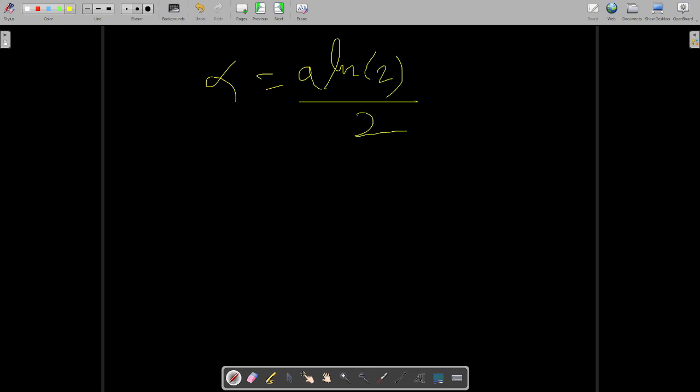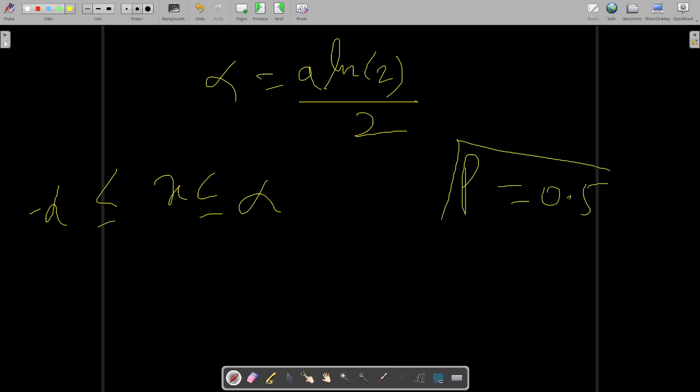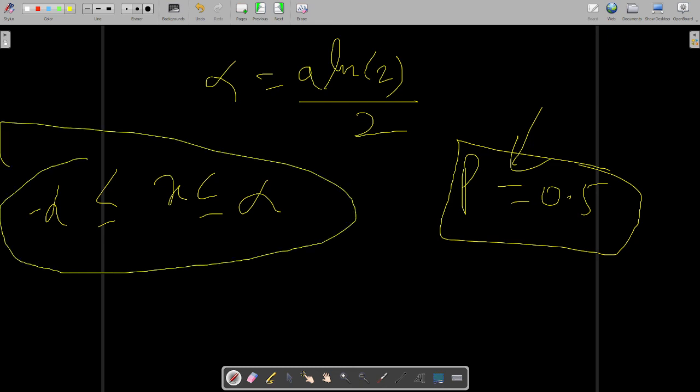Now what will be the range of x? We know that x lies between minus alpha and alpha, right? So if we want the probability of the particle to be equal to 0.5, then clearly the value of alpha should be equal to this.